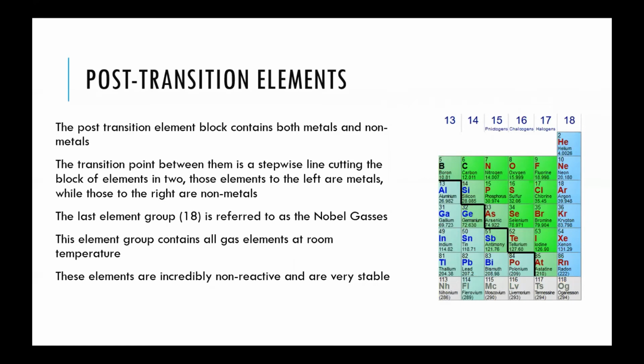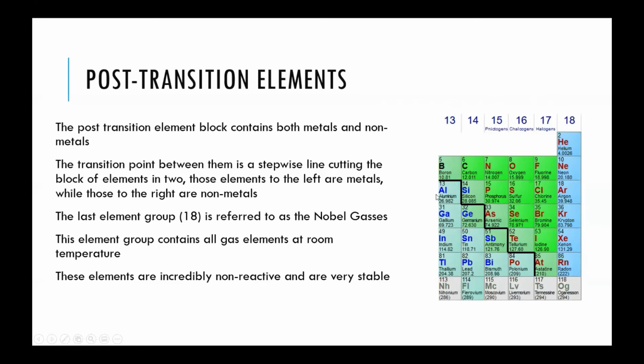The post-transition elements occur on the right-hand side of the transition metals. And these elements are both metal and non-metal. The transition between them is this stepwise line cutting this block in half.